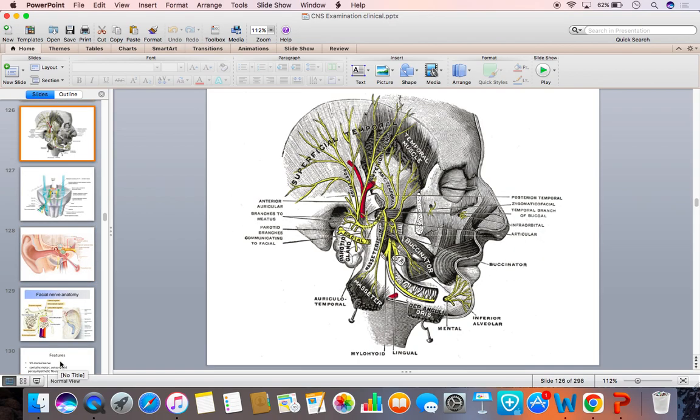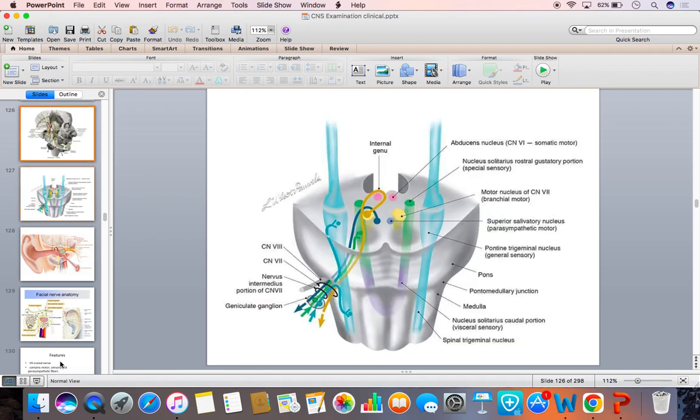and look at this particular picture showing the various branches of the facial nerve, innervating the face and parts of the scalp and the neck. This picture shows the section of the pons.